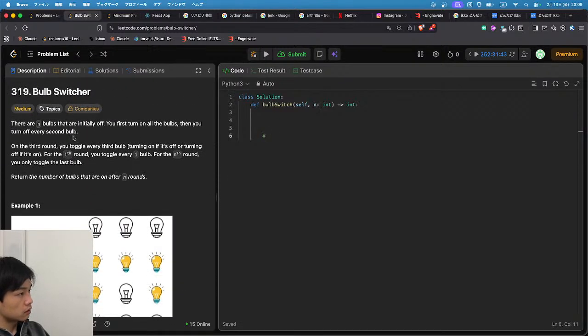And n valves are initially off. Okay. So for the first round, on. True. Second, true, false.